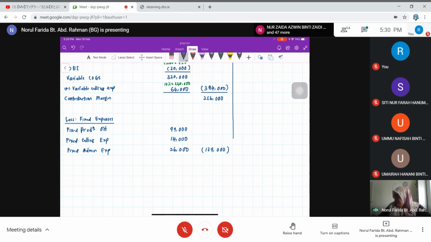Tolak dengan contribution margin 256,000, you akan dapat 117. This is your net income. Net profit, net income. Tadi saya sebut net profit ke net income lah dekat example tadi. Samalah tu net income, net profit tu.